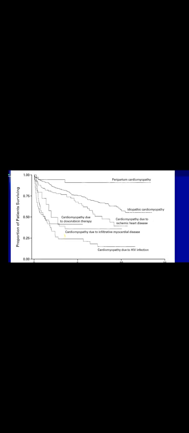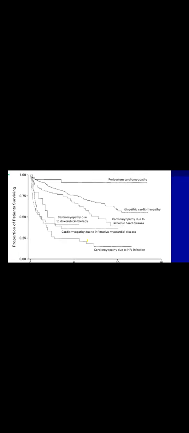We have already discussed that the prognosis mainly depends on the etiology. In this graph we can see that the survival rate is higher for peripartum cardiomyopathy and idiopathic cardiomyopathy, and for other causes, that is ischemic heart disease or doxorubicin toxicity, the survival rate is less.